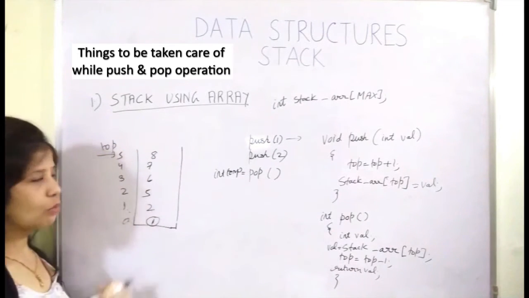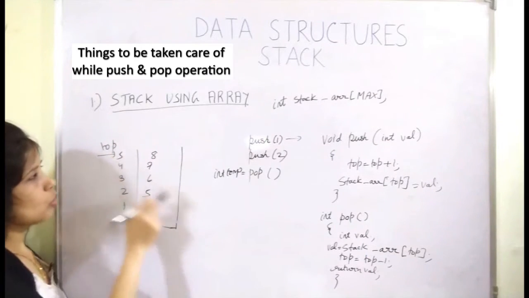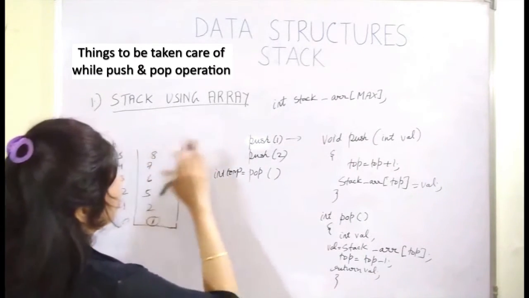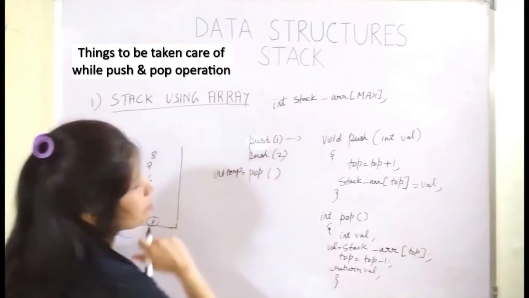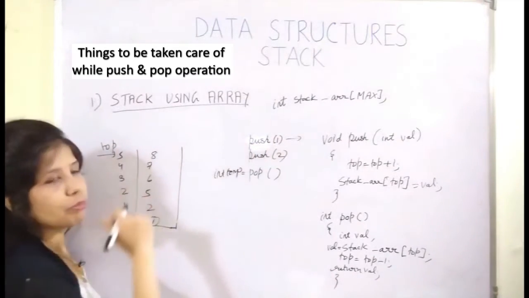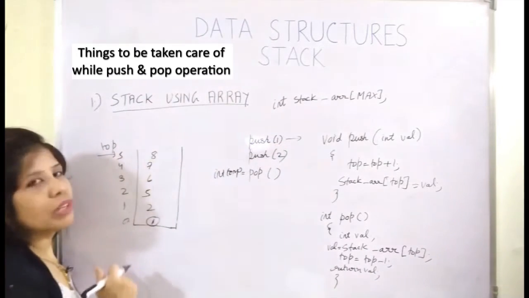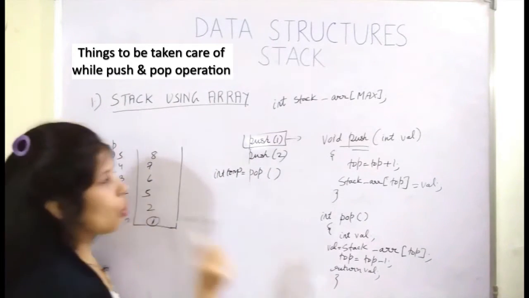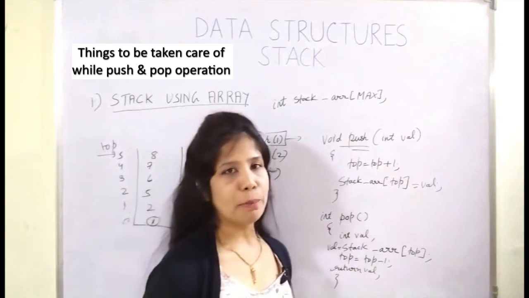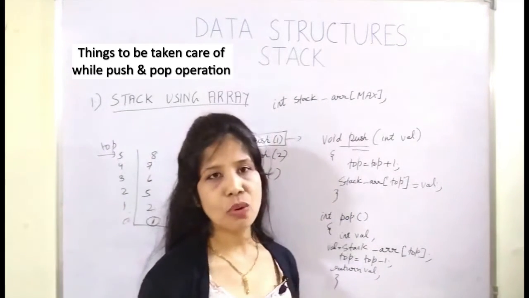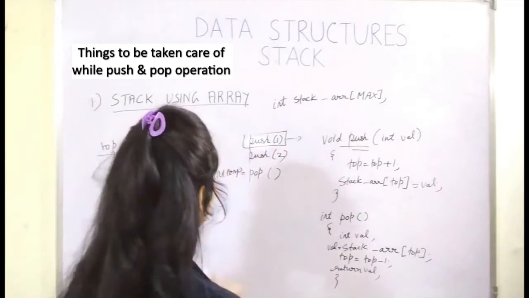Consider your stack is full, and now if I call the push function again, what should be the behavior? If your stack is full, you cannot perform this push operation because the stack overflow condition will arise.